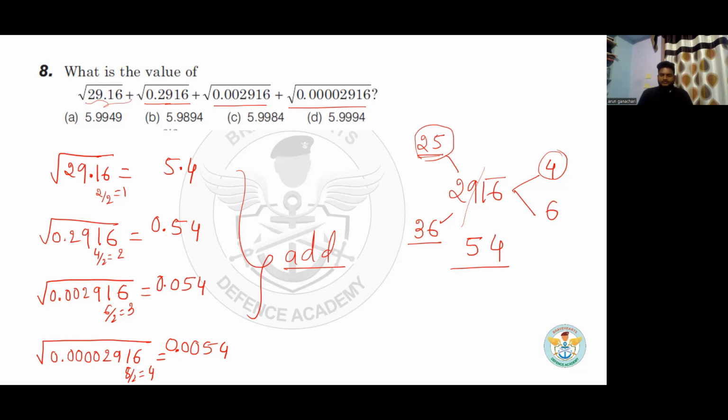What are you getting? I have to add 5.4 plus 0.54.